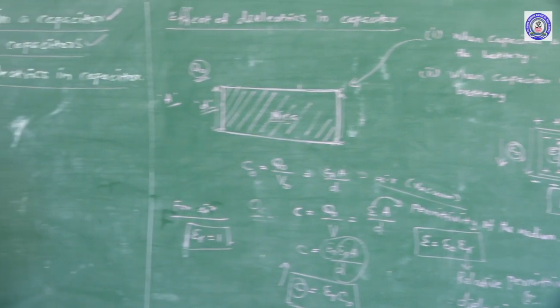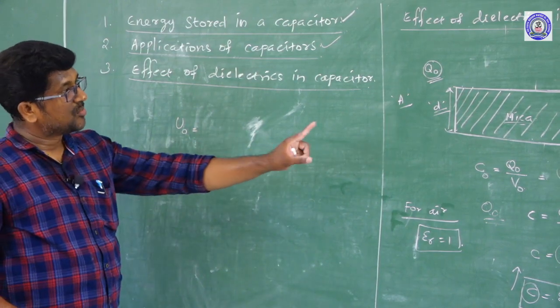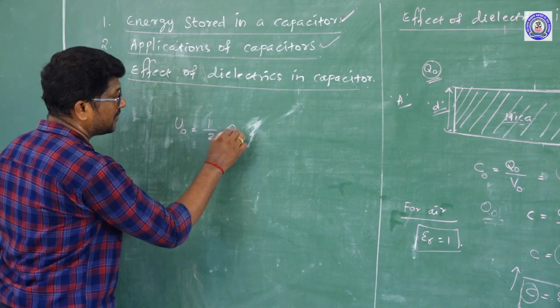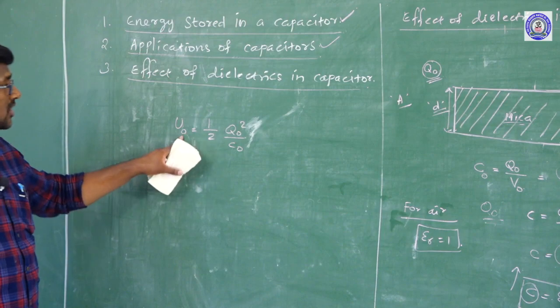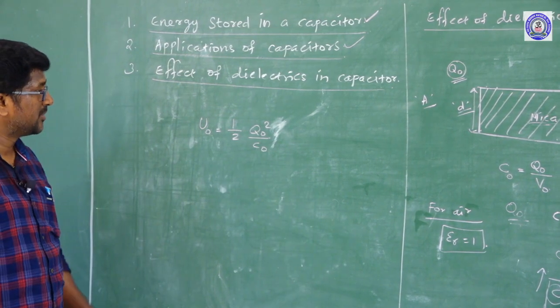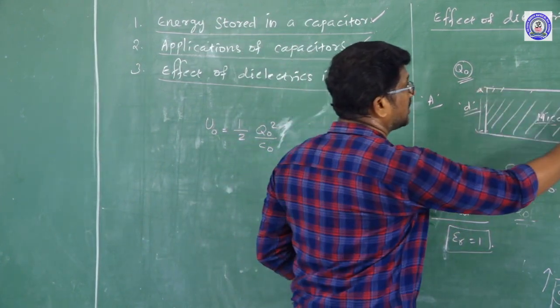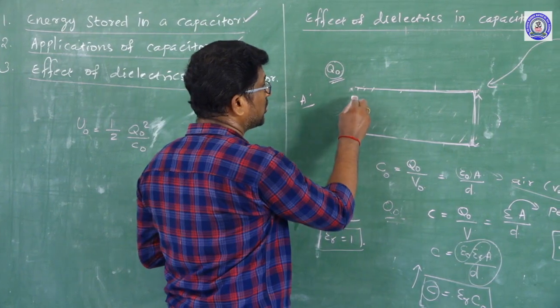And next one, the electrostatic potential energy stored in the capacitor before the dielectric material is introduced is given by half Q naught square divided by C naught. U naught is equal to half Q naught square divided by C naught. U naught is the electrostatic potential energy of the capacitor before dielectric material is introduced.